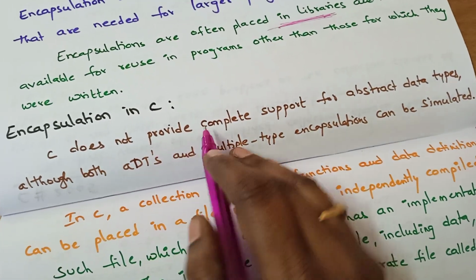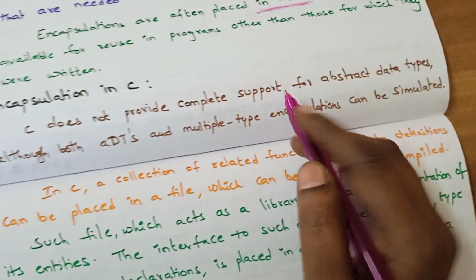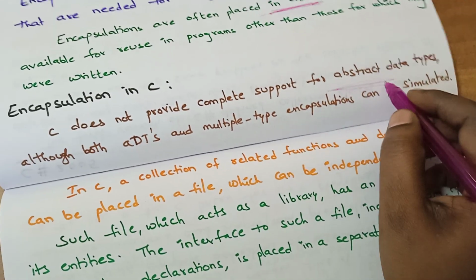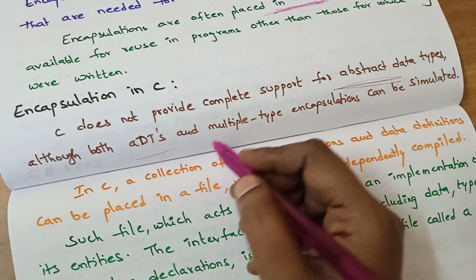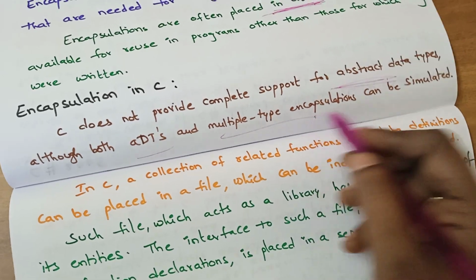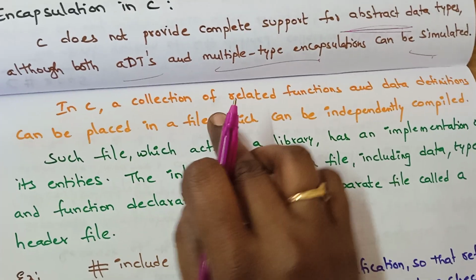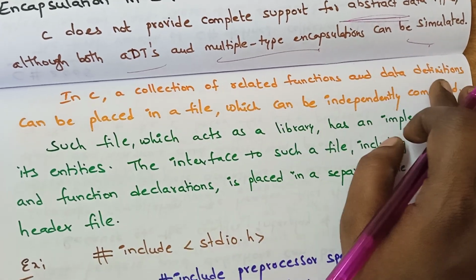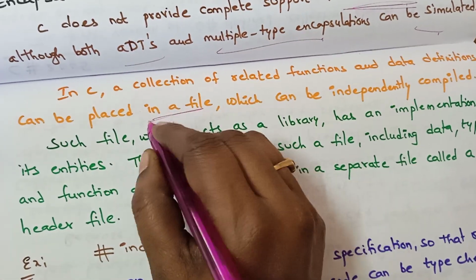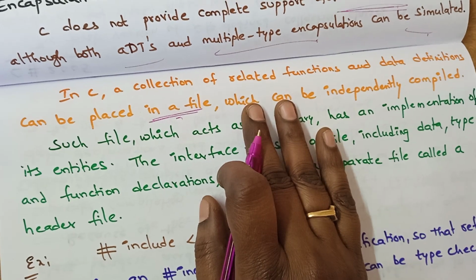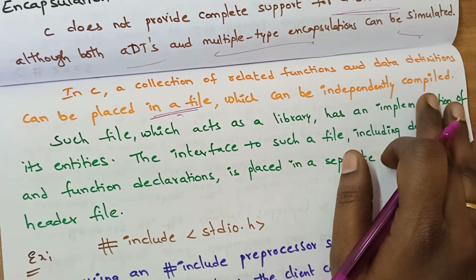C doesn't provide complete support for ADTs. Although both ADTs and encapsulation constructs are simulated, in the C language, a collection of related functions and data definitions can be placed in a file, which can be independently compiled.